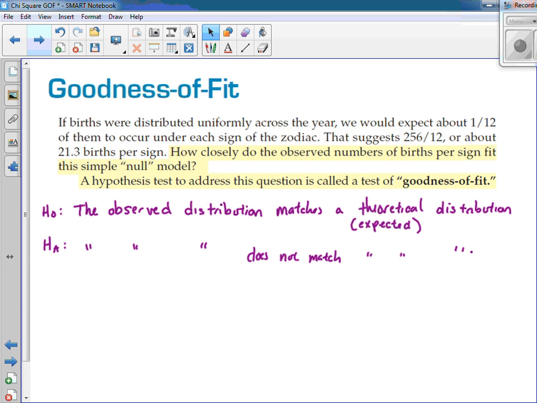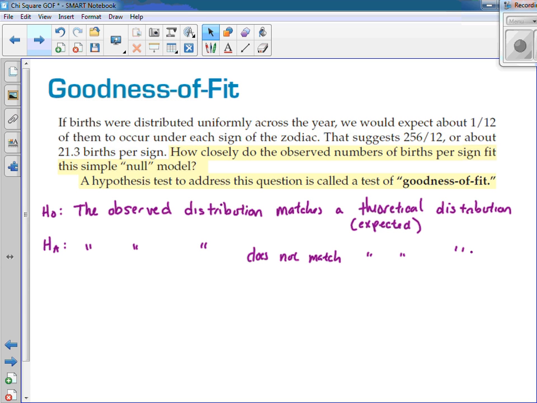For example, in the book, they take the top 400 millionaires, like the Forbes list, and they break them down by zodiac sign. They're trying to see if the distribution of those birthdays by zodiac sign matches what we would think, that they would be equally likely. So you take the 400 and divide by 12 and see how many are expected in each category.